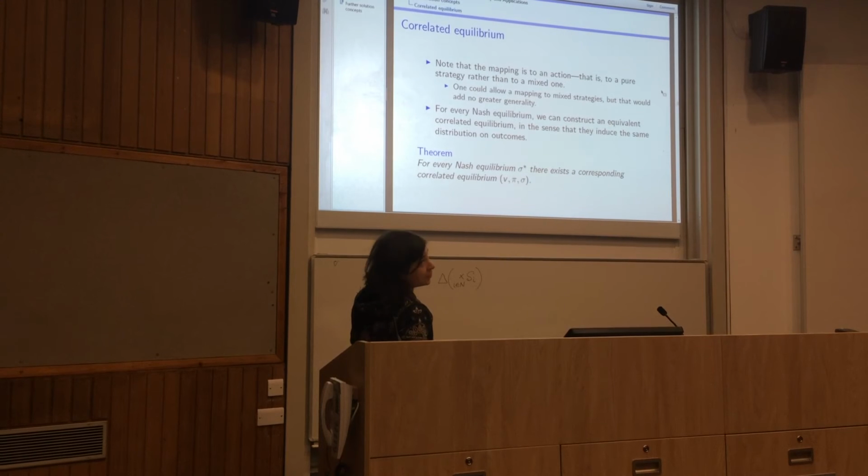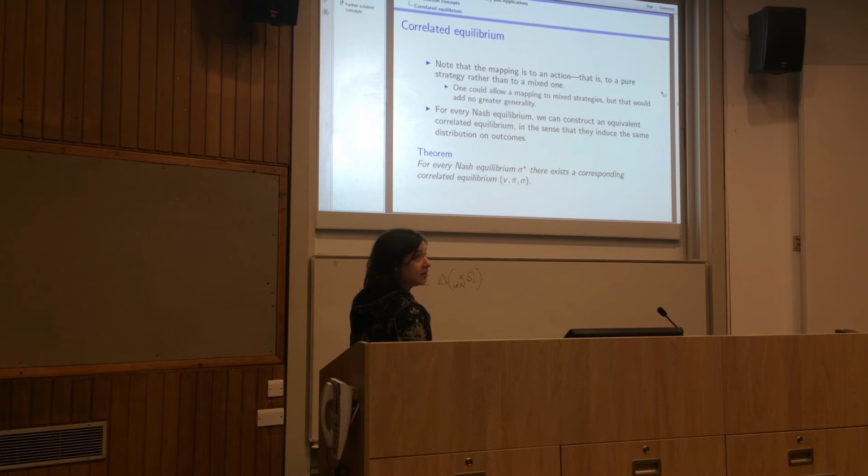Now for every Nash equilibrium, we can always construct its corresponding correlated equilibrium. And that's why, knowing that the set of Nash equilibria is not empty, we would conclude that the set of correlated equilibria is never empty as well. So for every Nash equilibrium, there exists some corresponding correlated equilibrium.